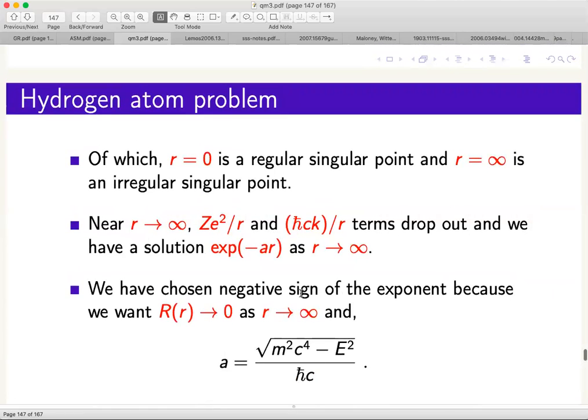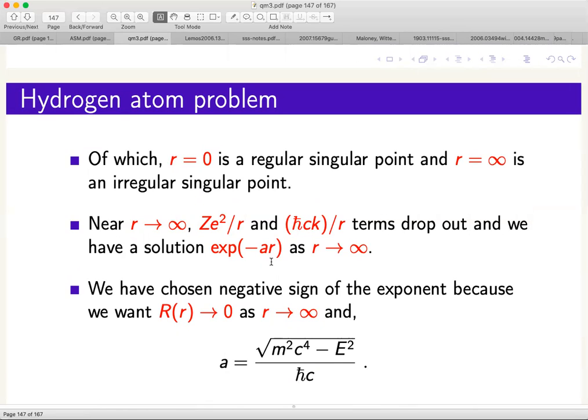Because the total solution is e to the minus ar times the solution that you obtain at r equals 0. In the neighborhood of r equals 0, e to the minus ar is not playing any role at all, because e to the minus ar near r equals 0 is just a constant. But in general, at any r not equal to 0, it plays a role.